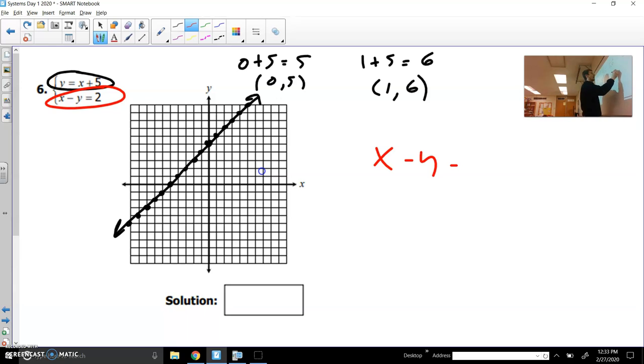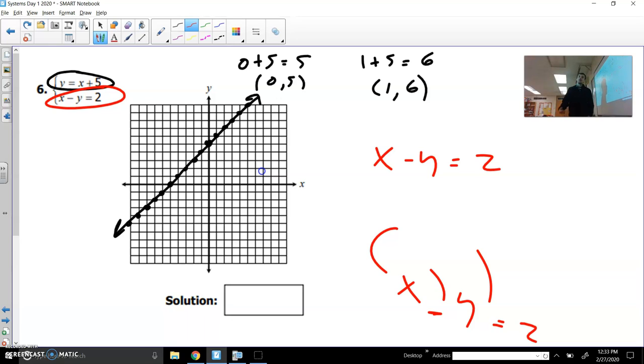I didn't have to manipulate the equation like I'm going to have to do with this second one, x minus y equals 2. Now, I've taught this for a long time, and I've developed a different vision for some of these problems because, for example, you're looking for points where the x and the y value, if they subtract, give you 2. So, for example, 2 minus 0 is 2, so 2, 0 is a point.